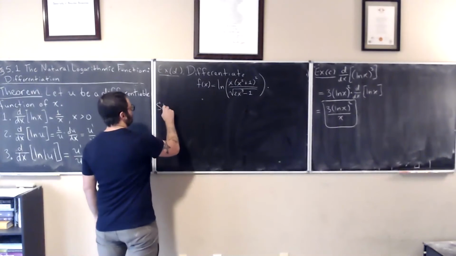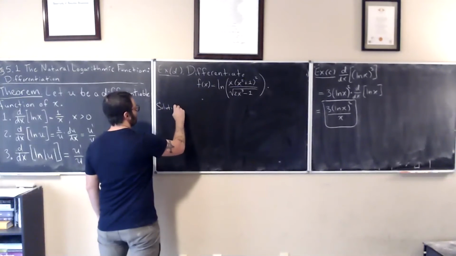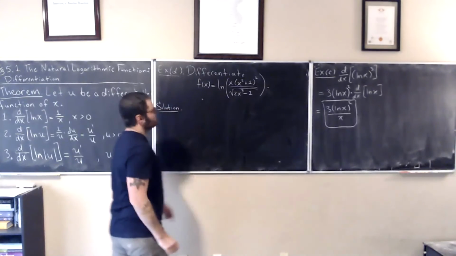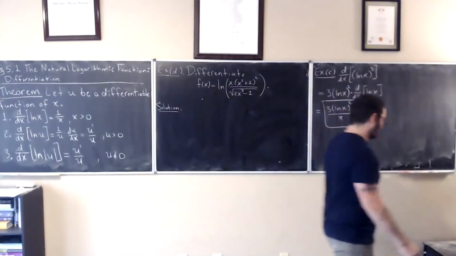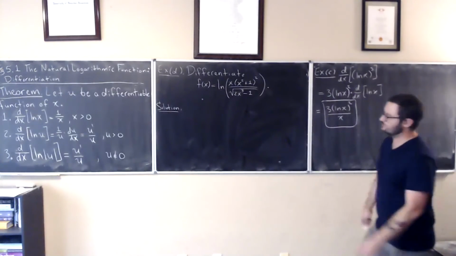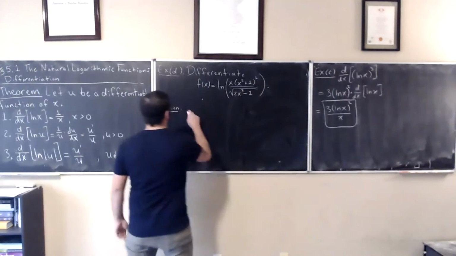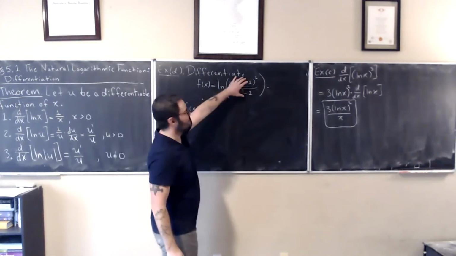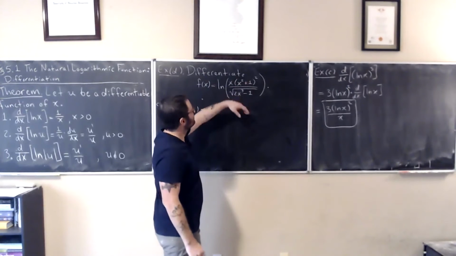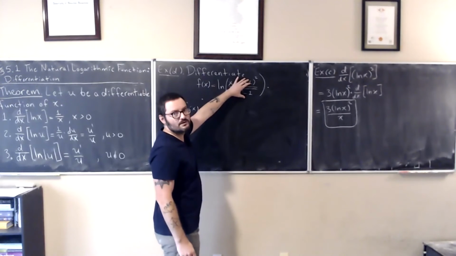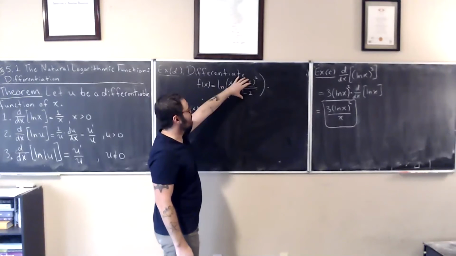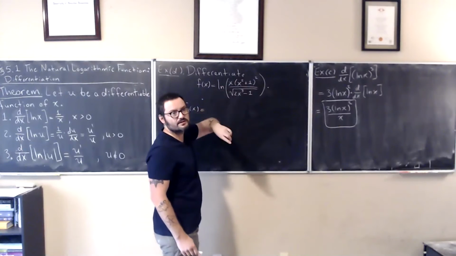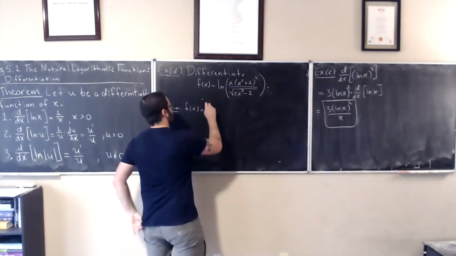So here for this problem, we're going to first rewrite f of x using the properties of logarithms or natural logarithms. So first I'm going to note that I have a ratio, natural log evaluated at a ratio, which I can then expand as the natural log of the difference of those things.